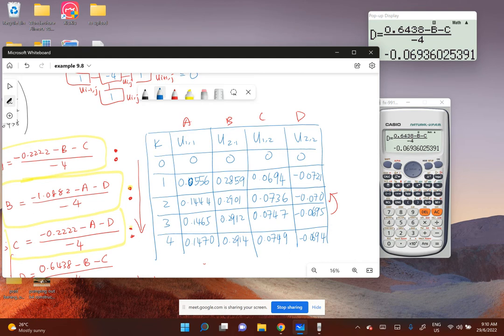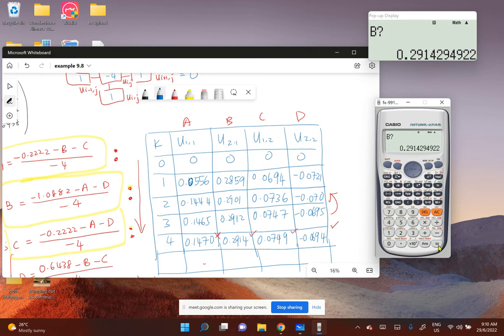So if you look here, this is already okay, this is okay, this is okay, because the difference is 0.0002, 0.0002, 0.001. But this one is still not okay, still 0.0005. So we still have to do another iteration. Probably only one, I guess.